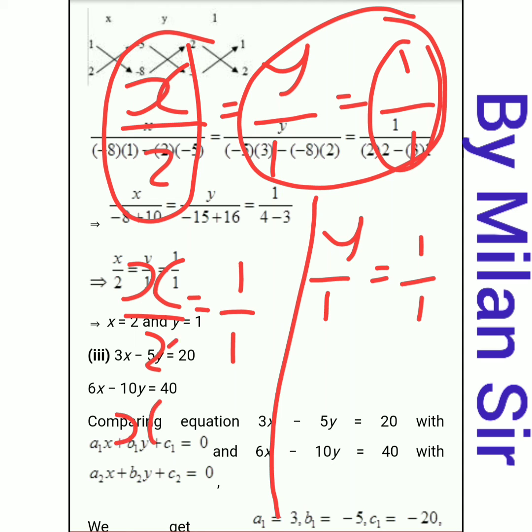Now transfer this 2 to the left hand side. So here you will get value of x is equals to 2. Transfer this 1 to the right hand side, 1 ones are 1. So we get our second value, y is equals to 1. So here x is equals to 2, y is equals to 1.